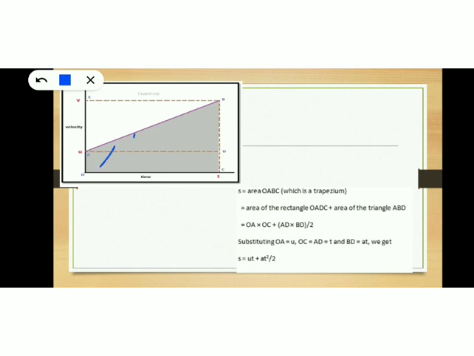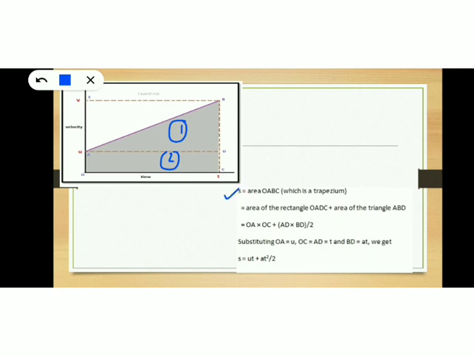This shaded portion represents the area below the graph, and it has been divided into two regions: a triangular region and a rectangular region. So the total area below the graph will be the area of triangle ADB and the area of rectangle OADC.